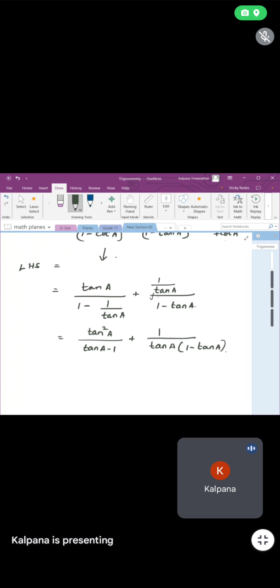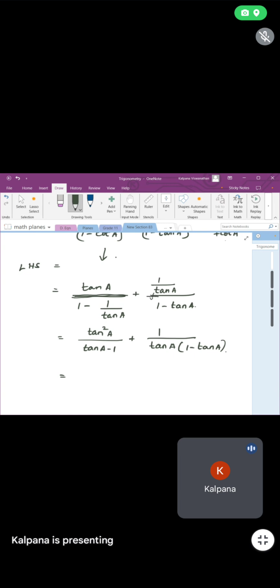Do you have any confusion, children? Now tan A, this is the main denominator. So in the denominator part you have a fraction. That denominator will be taken to the numerator. You will have tan A by tan A minus 1 by tan A, so that will go to the numerator.